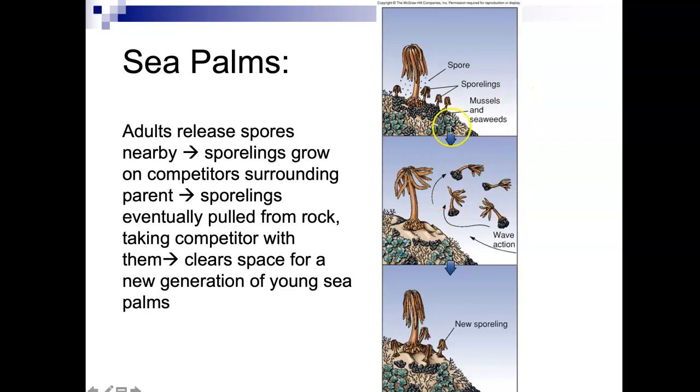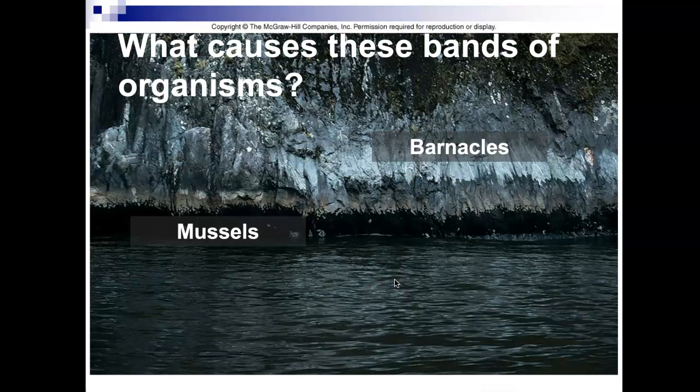So as the first rounds of really heavy waves come in, they rip off those sporelings along with the competitor, whether it be a mussel or a barnacle. That clears space for the next generation of young sea palms. So they sacrifice their first generation for the second generation, and really use both the second and third strategy there.